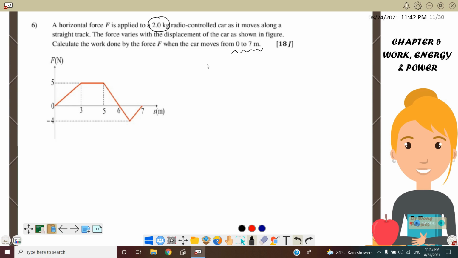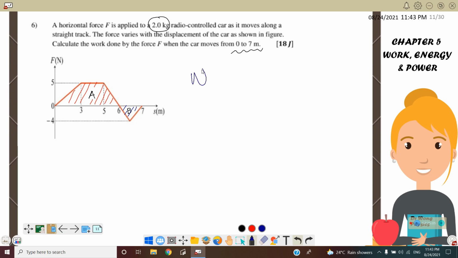Again here we can split it into two parts, part A and part B. Part A is actually a trapezium, and part B is actually a triangle.